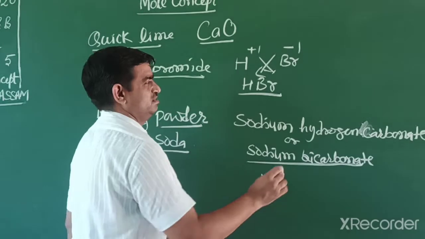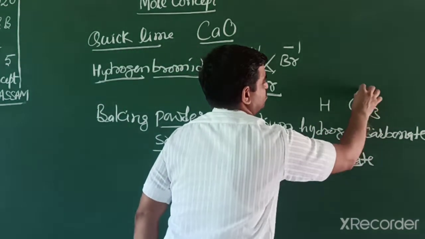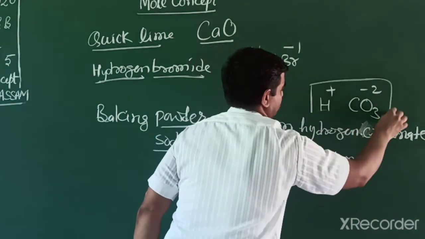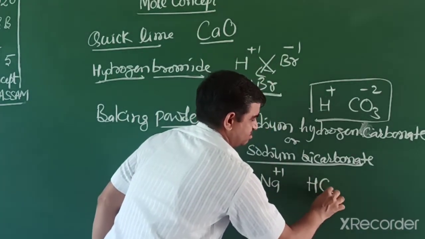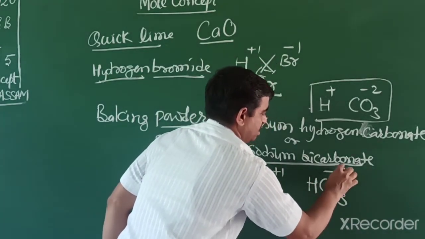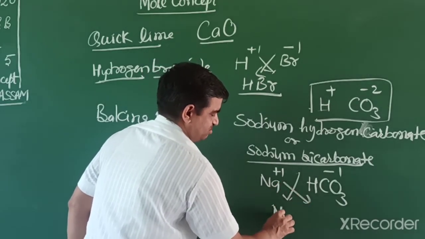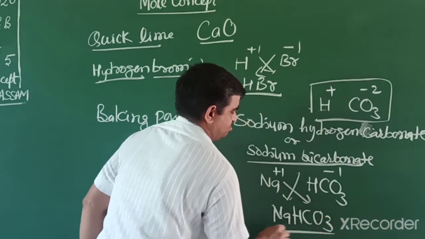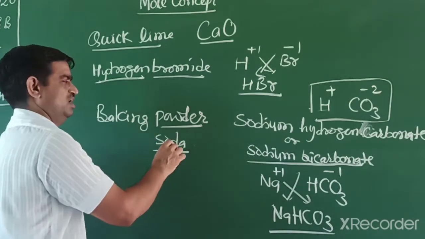If we combine hydrogen and carbonate both, then we get the bicarbonate ion, HCO3 minus 1. So you write in this way, sodium hydrogen carbonate or bicarbonate. This is known as baking soda.